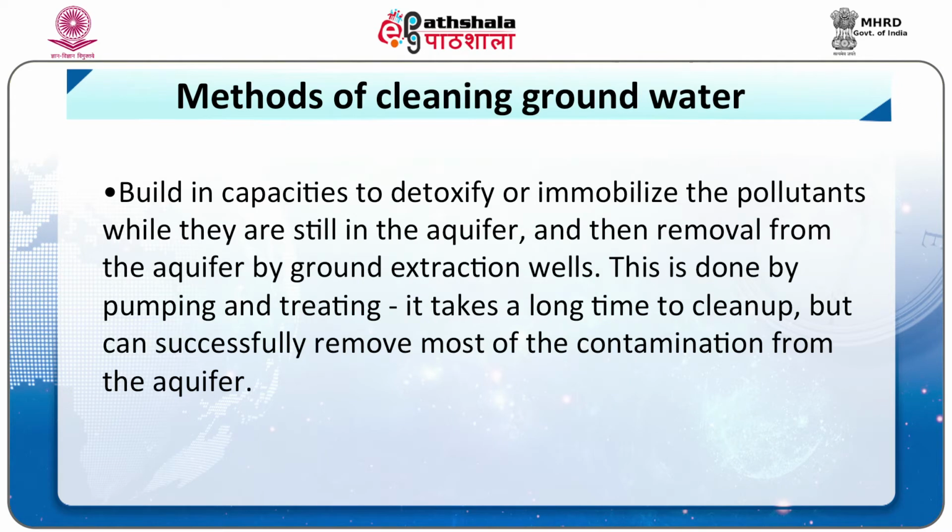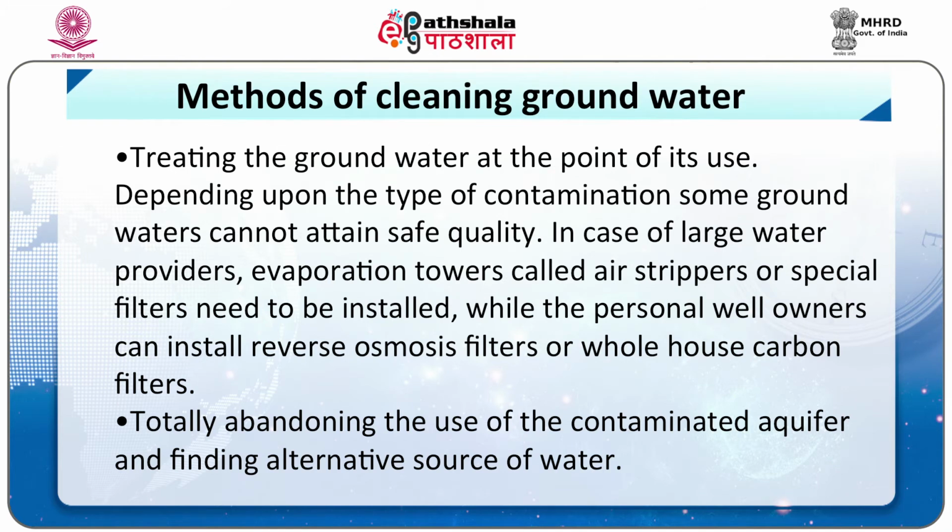Built-in capacities can detoxify or immobilize the pollutants while they are still in aquifers, followed by removal from aquifers by ground extraction wells. This can be done by pumping and treating. It takes a long time to clean up but can successfully remove most of the contamination from the aquifer. Treating the groundwater at the point of its use: depending upon the type of contamination, some groundwater cannot attain safe quality.